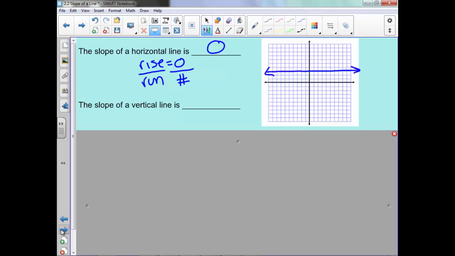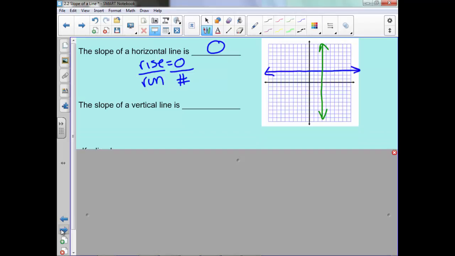Now on the same token, if we've got a vertical line, for example, this would be a vertical line. We're going to have rise over run again. But notice this time, we are going up and down, so we'll have a number up here, but we're not going left and right, so our denominator would be 0. We can't divide by 0, so this slope is undefined.